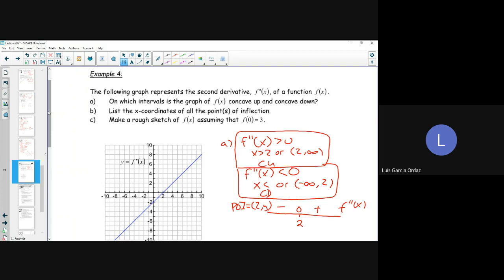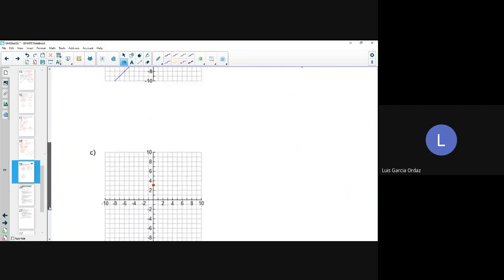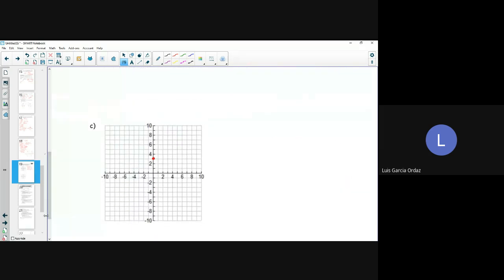We don't have to find that y value, which is completely fine, but I can figure out that from 2 and some y value, so let's say here, 2 and y, I am concave down when I'm less than 2, and then concave up when I'm bigger than 2. So that would be my rough sketch of f of x.